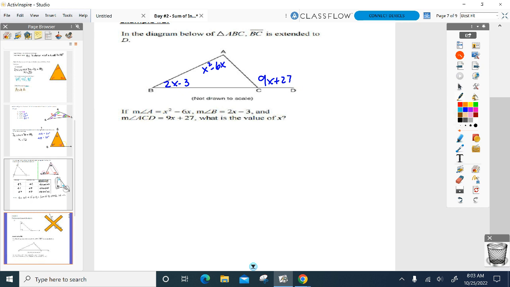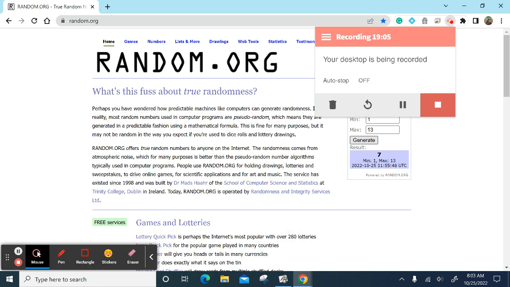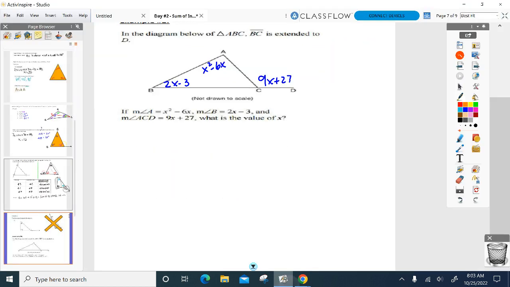All right, first thing, I need an equation. Use the theorem we just wrote down. Exterior angle is equal to the sum of the two remotes. So what would that equation look like if I use that theorem? Exterior angle equals the sum of the two remotes. Good work.